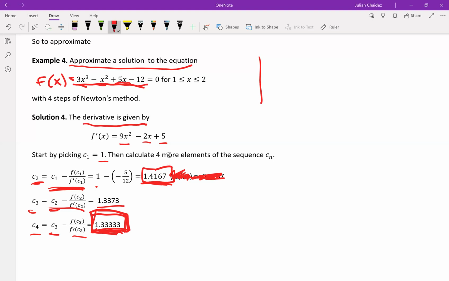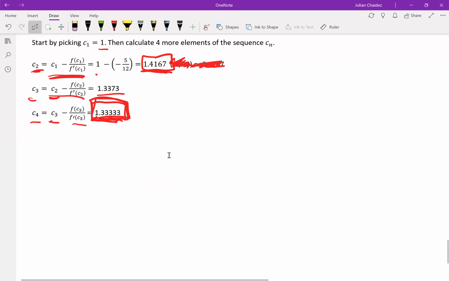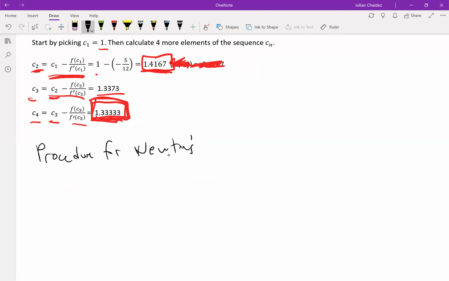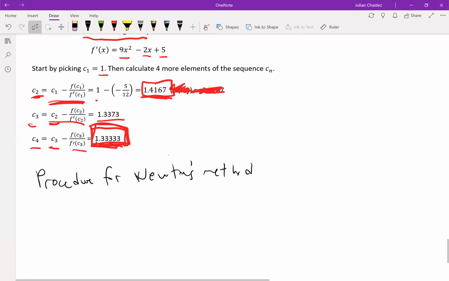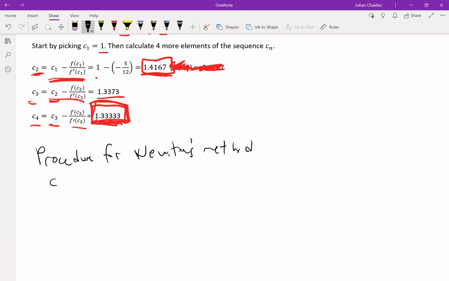So anyway, maybe I'll write out the procedure for Newton's method explicitly, meaning to solve this problem of approximating the solution to f of x equals 0 with some number of steps of Newton's method. So I want to solve f of x equals 0 for a less than or equal to x less than or equal to b.